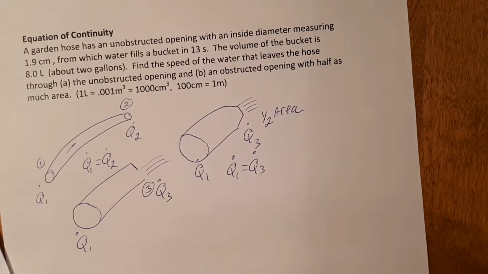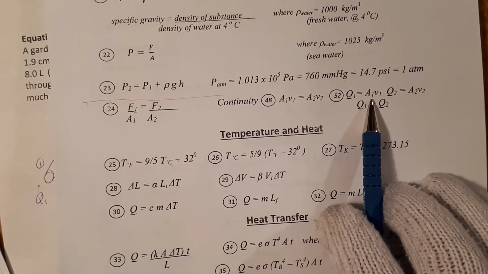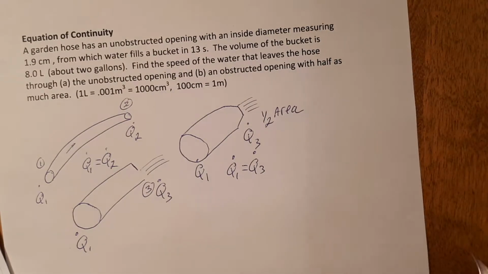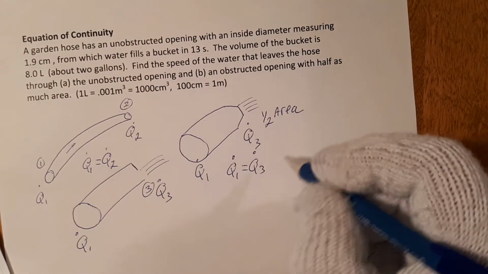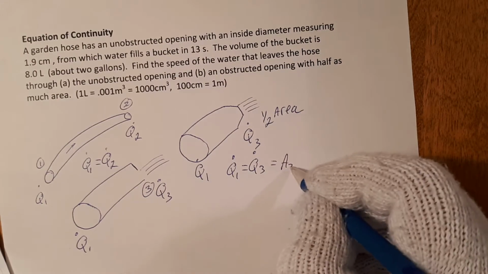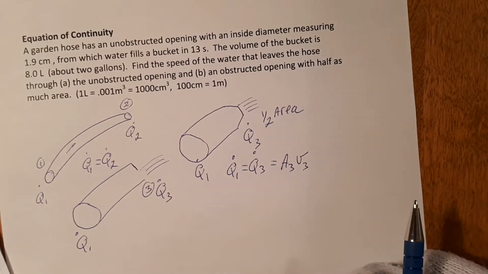And looking at the continuity equation, we can just change the subscripts. Here it is. We'll just change the subscripts to 3. And therefore Q1 is equal to Q3 is equal to area at 3 times the velocity at 3.